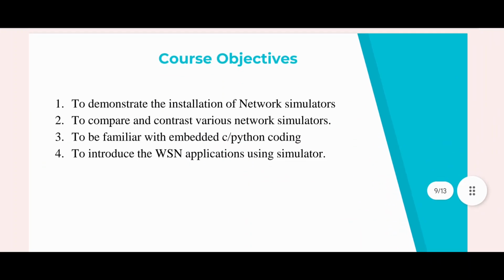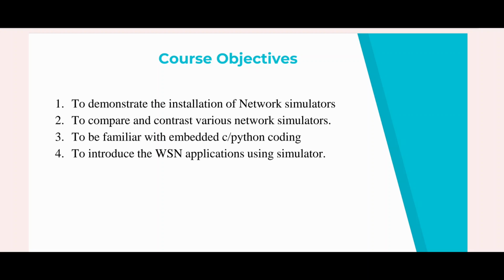What can be the course objectives for this lab? These are the 4 objectives. First, to demonstrate the installation of network simulators, to compare and contrast various network simulators, to be familiar with embedded C or Python coding, and to introduce WSN applications using a simulator. In this lab, we're going to perform all the experimentation with the help of software simulators, such as the NS2 network simulator.